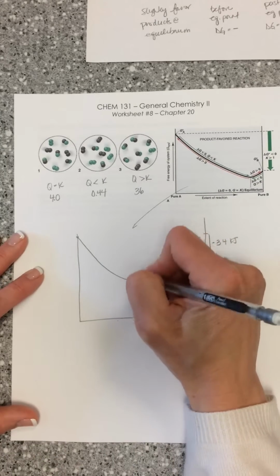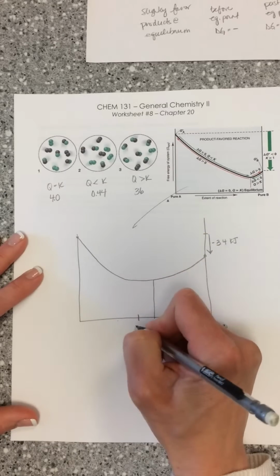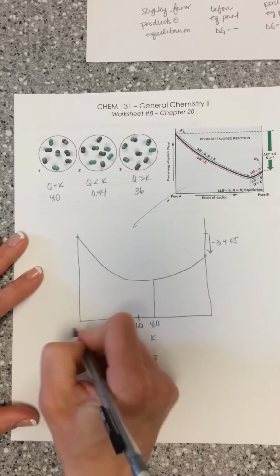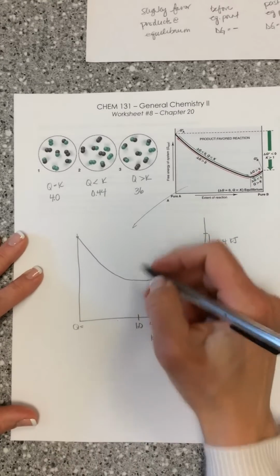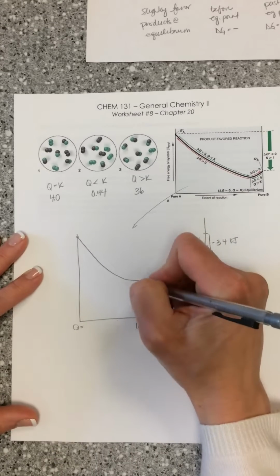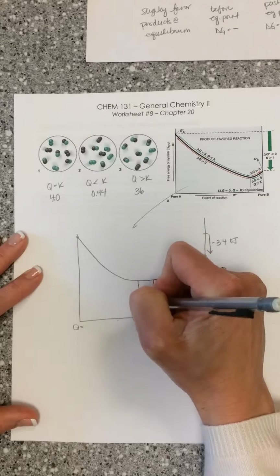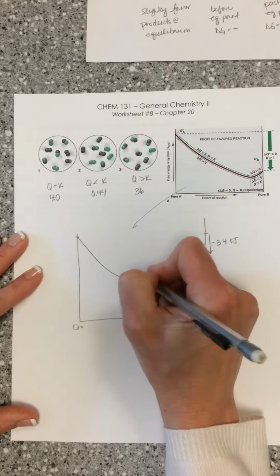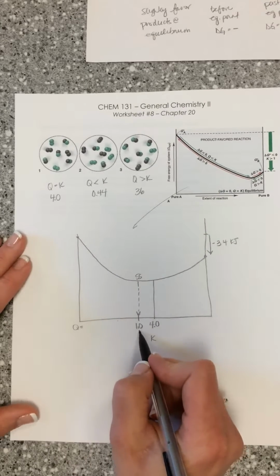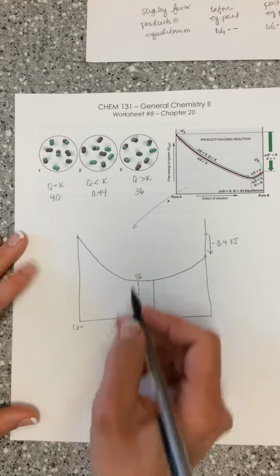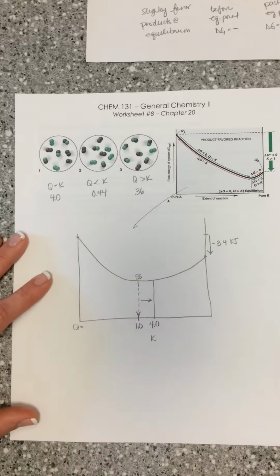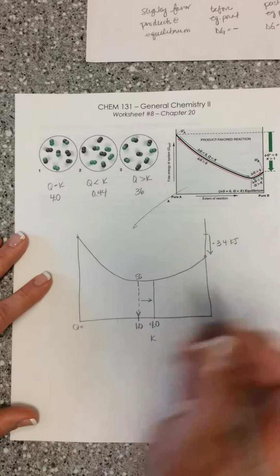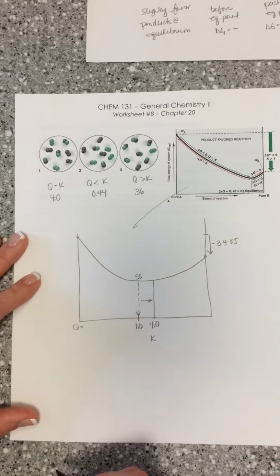When we had our standard state mixture, that was when Q was equal to 1.0. So this again is our standard state mixture. For our standard state mixture, Q is less than K. We can still continue to slide down and get to our equilibrium point.